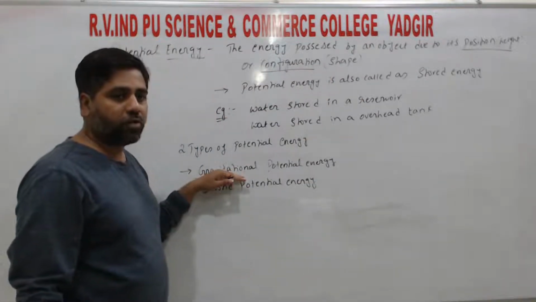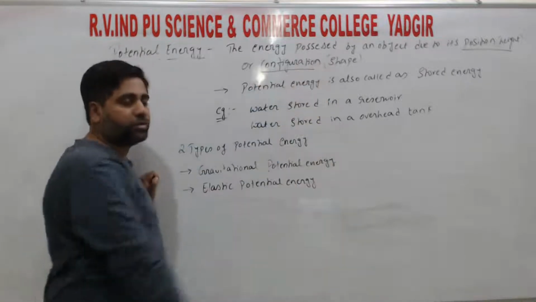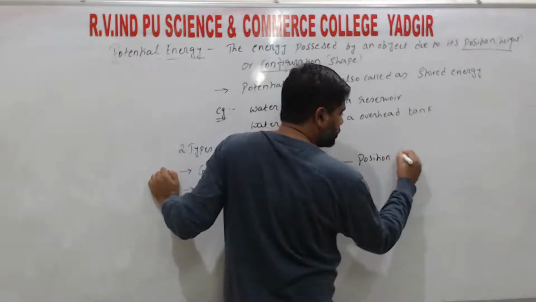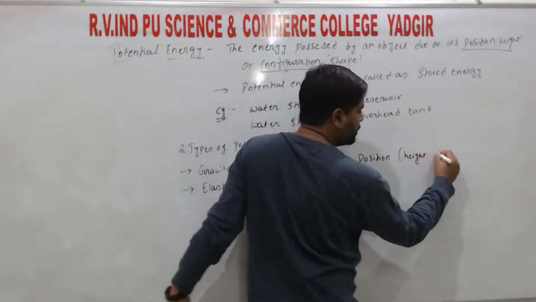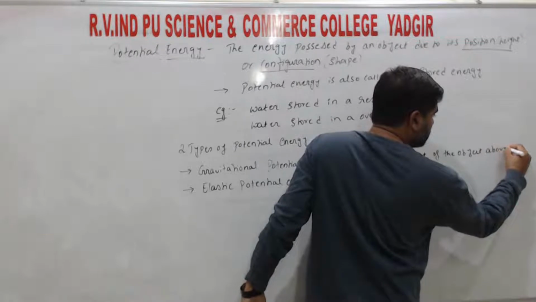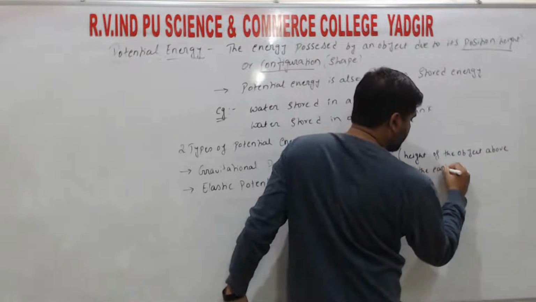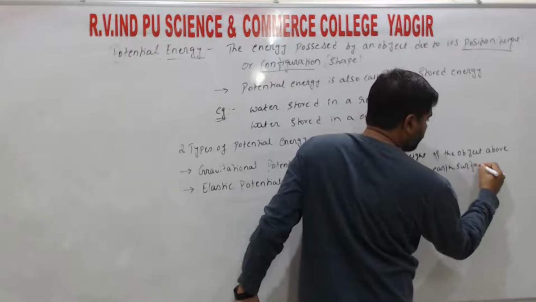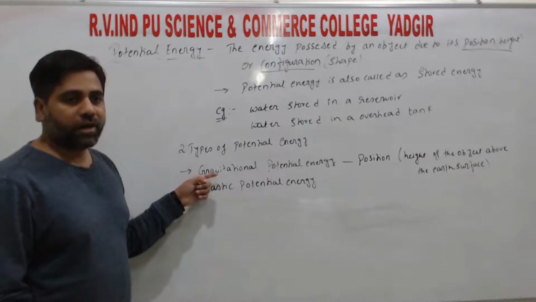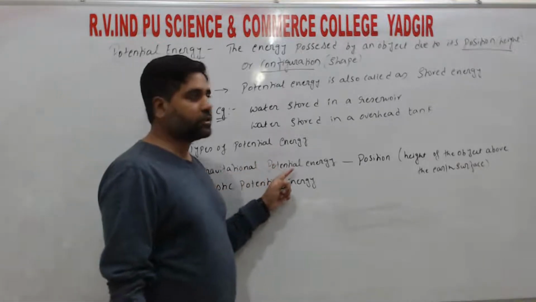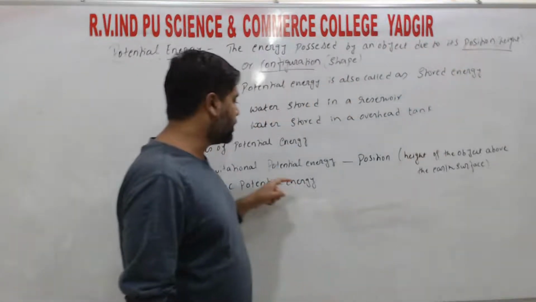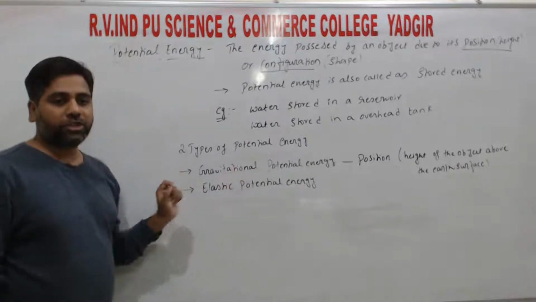Gravitational potential energy is defined as the energy possessed by an object due to its position, that is, its height above the earth surface.